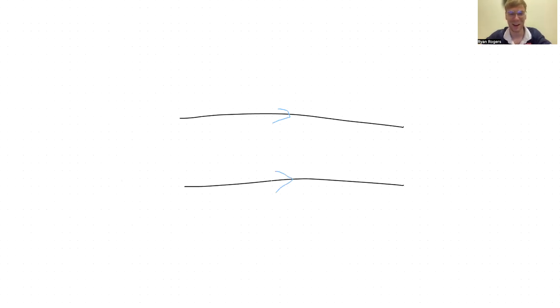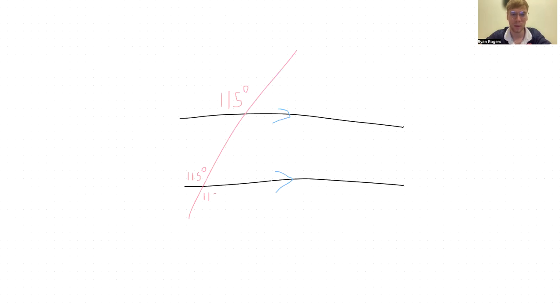Then I have a line that goes through them, and this angle is 115 degrees. That means this one is also 115 degrees, and right here is also 115 degrees.